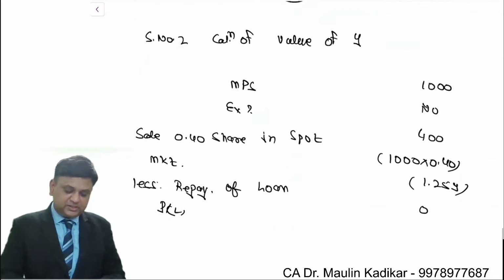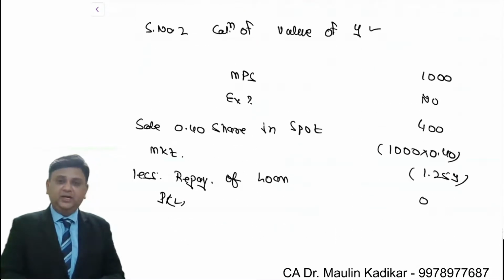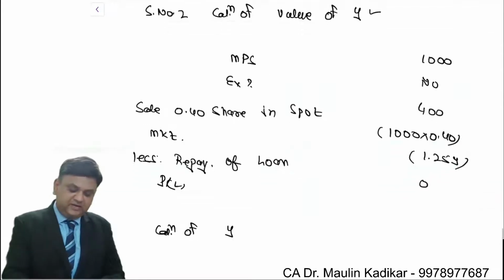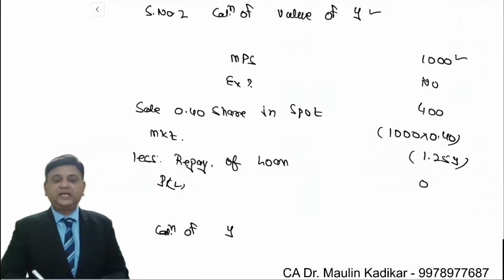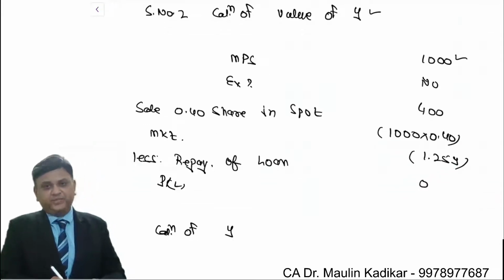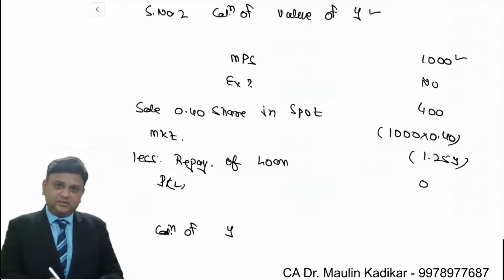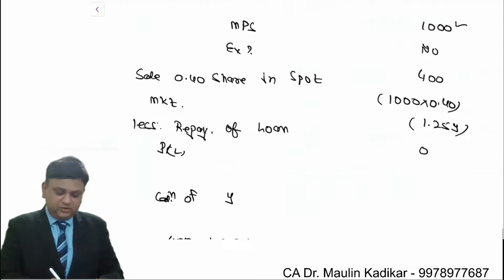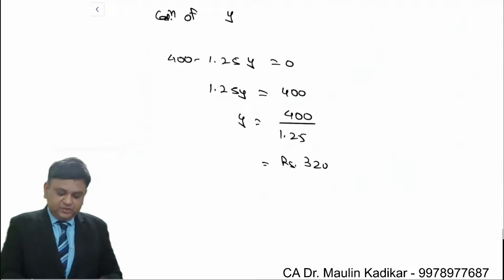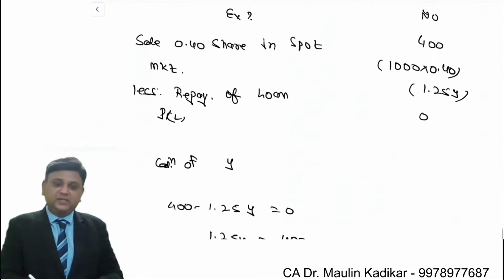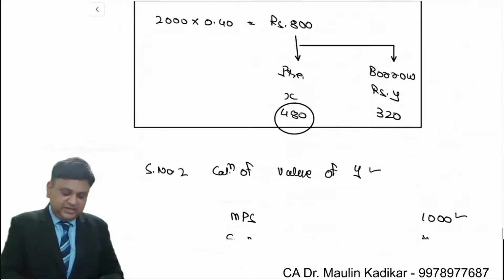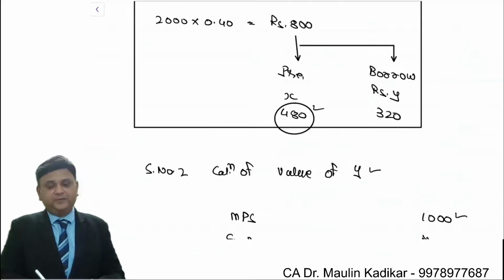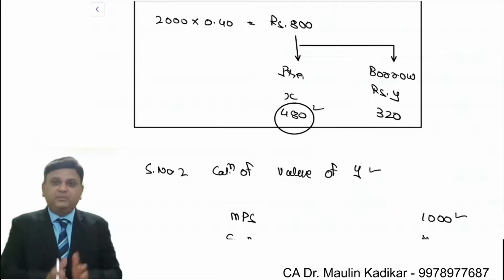Step number 2 is calculation of the value of Y, in which right now I have given explanation taking the price of 1000. If we take the price of 3000, even in that case we will get the same answer. I will explain that to you in a little while. Once you have the value of Y, step number 3 is calculation of X, and that is the premium amount, 480. This is the way the premium amount is calculated.